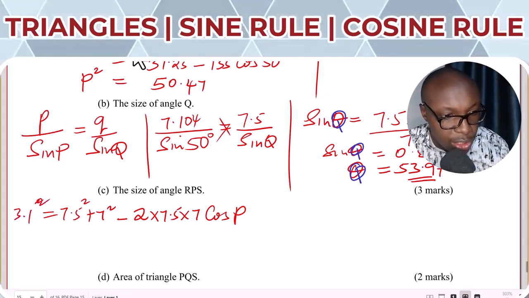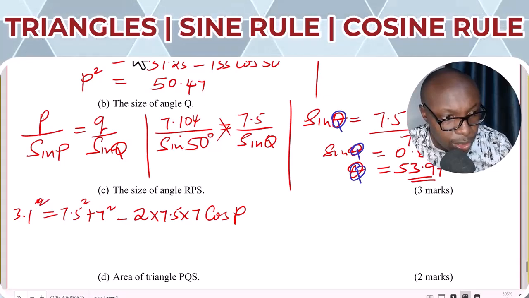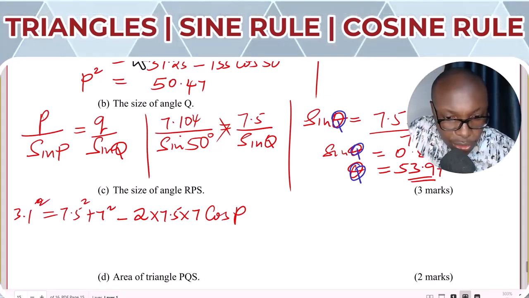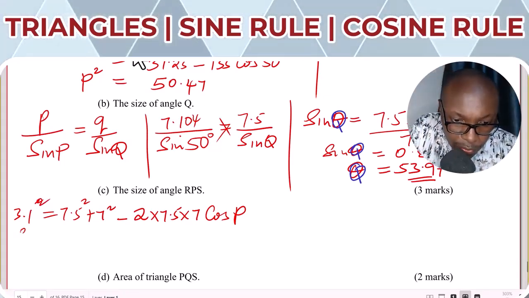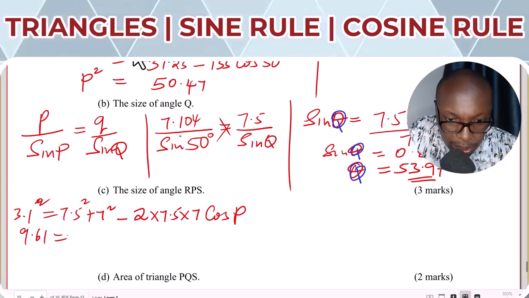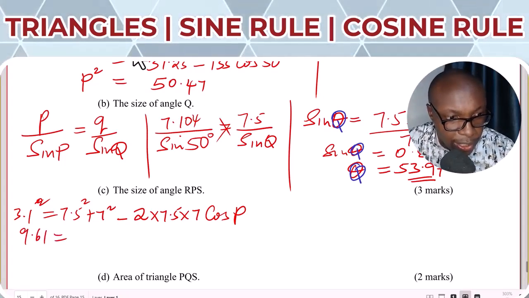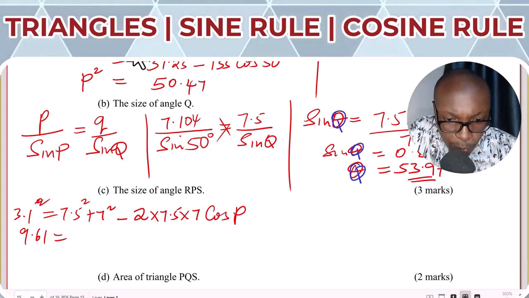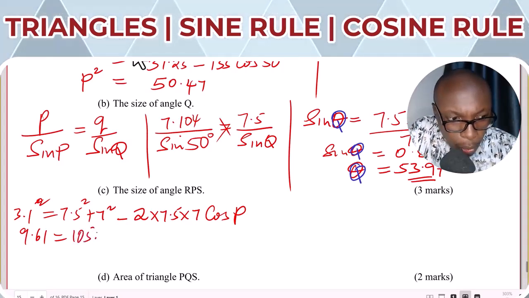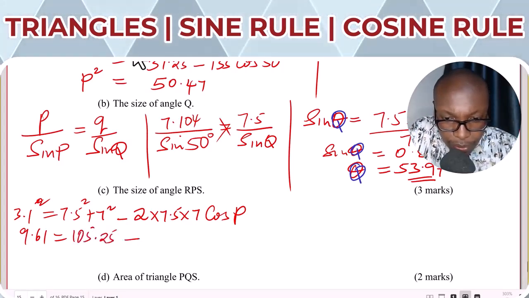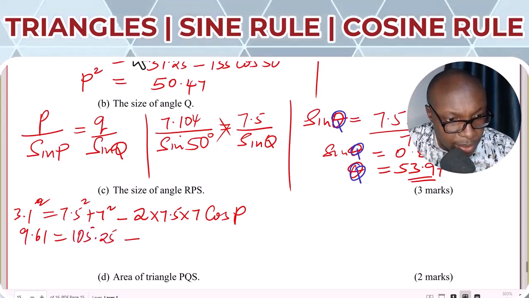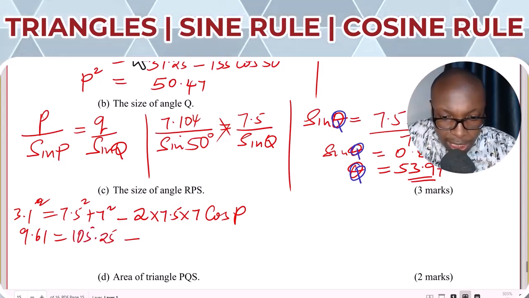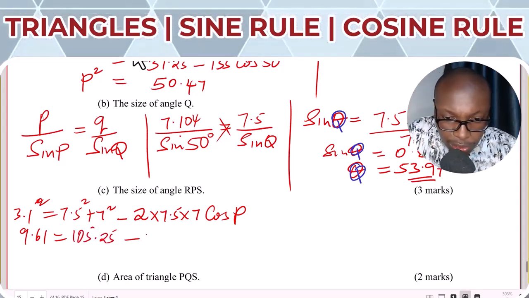Now you can use the calculator from here. 3.1 squared, very fast, gives 9.61, is equal to 7.5 squared plus 7 squared. That will give 105.25. Then subtract 2 times 7.5 times 7, that will give 105.